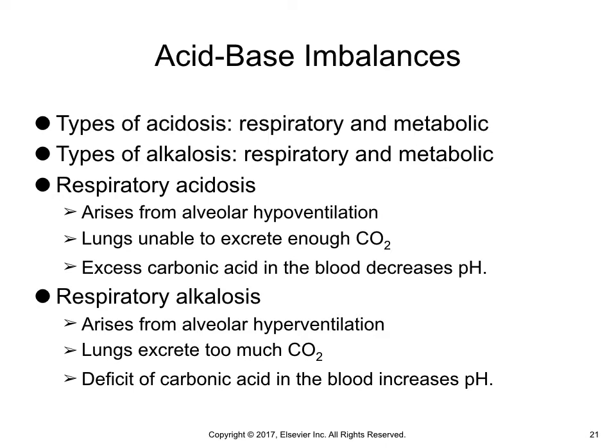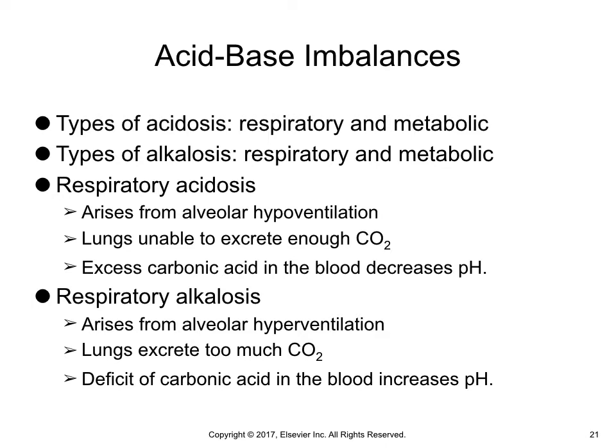If the problem is a metabolic acid-base imbalance, only the kidneys can correct the problem, but the lungs can compensate by changing the amount of carbonic acid in the blood. Thus, the kidneys compensate for respiratory acid-base imbalances, and the respiratory system compensates for metabolic acid-base imbalances.